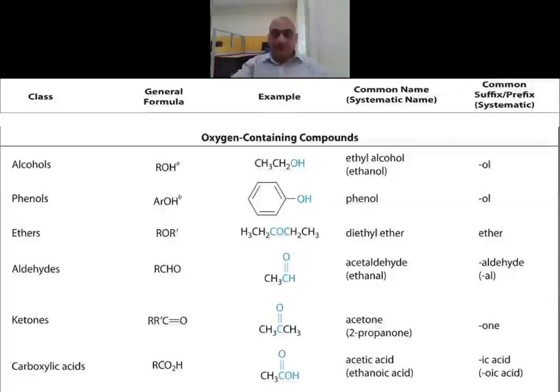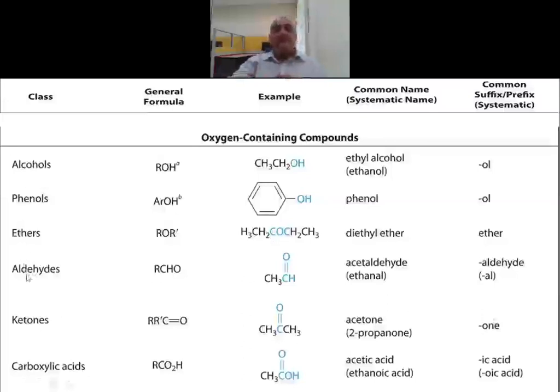Here we have two carbon atoms on the left side of the oxygen, and on the right side, we also have the alkyl group with two carbon atoms. One carbon is called methyl, and if any compound has two carbon atoms, then it is called ethyl. So that's why the name of the compound is diethyl ether.